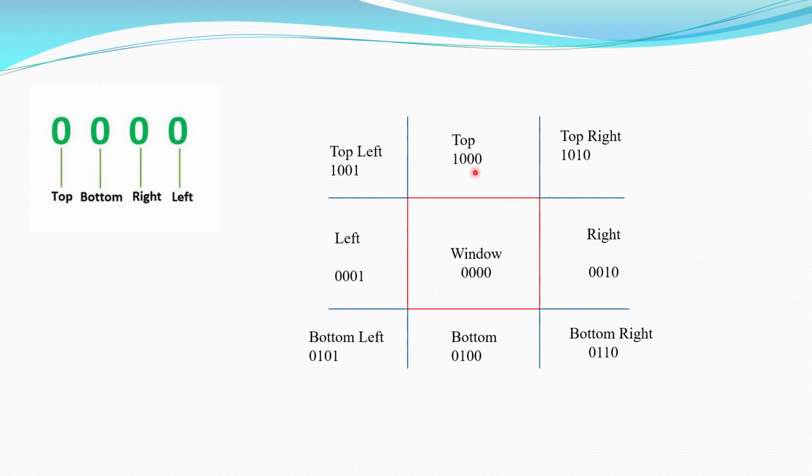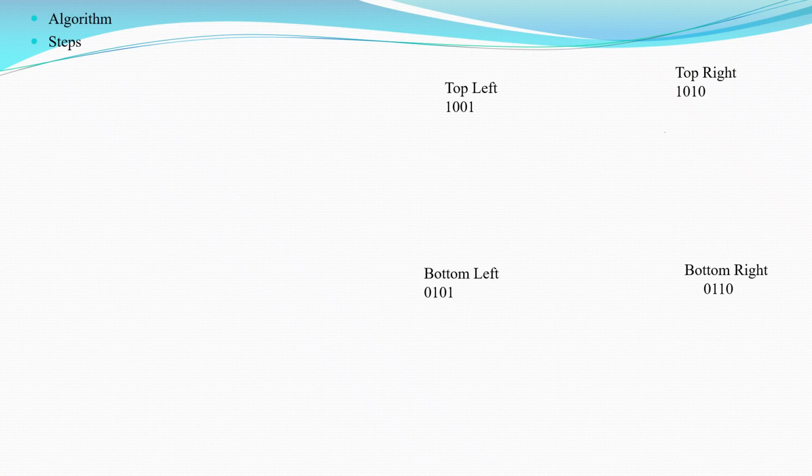Top is 1000 and bottom is 0100. This is how we assign the 4-bit binary code of each region. How many region codes are there? Total 9. Our window part is 4 zeros and the remaining we assign using the top, bottom, right, left formula. Based on that, you assign the code.